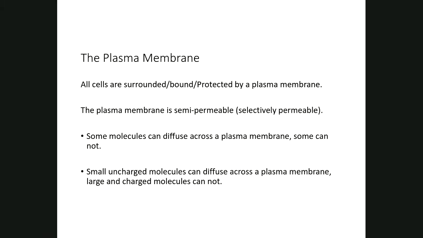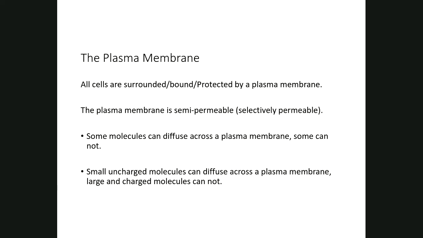Okay, so the main component of the cell that you should be aware of, especially today, is the plasma membrane. All cells are surrounded, or they're bound. The boundary of the cell is what we call a membrane, and the membrane is composed of phospholipids, and I'll talk about that in the next slide.